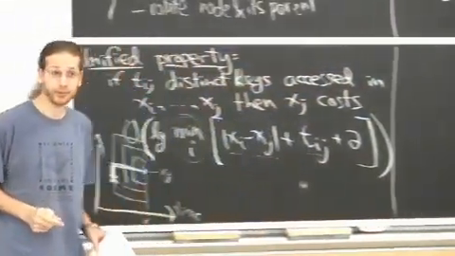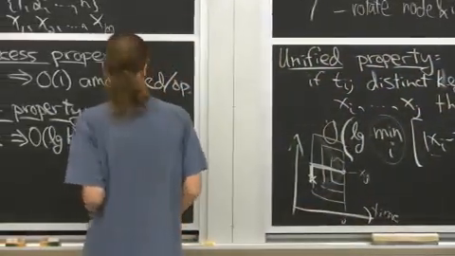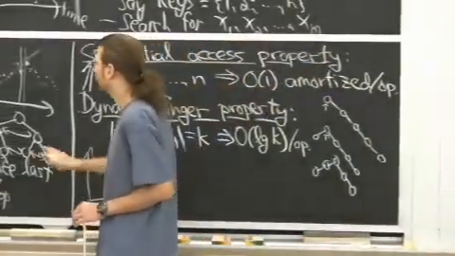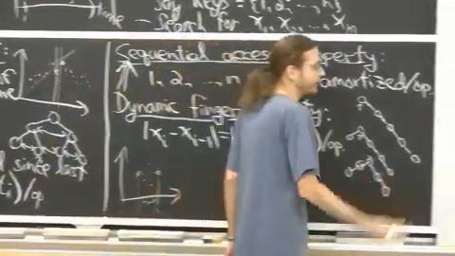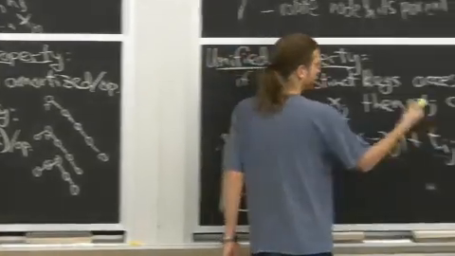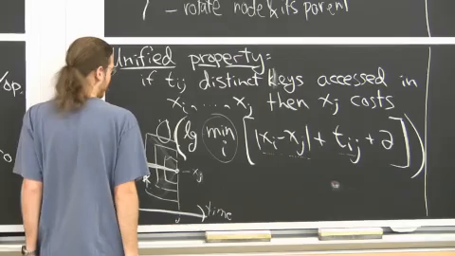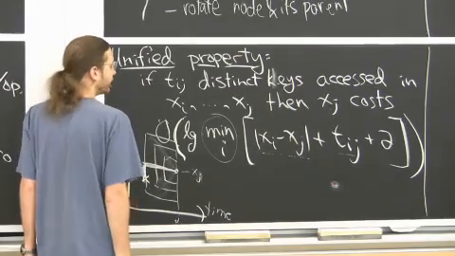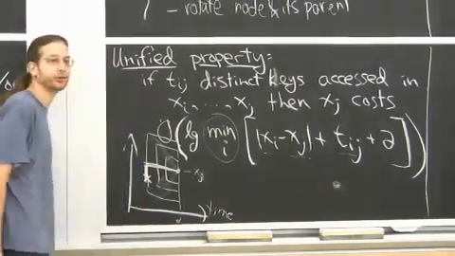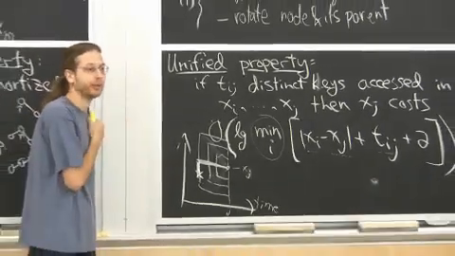Okay, so that's the unified property. Fairly natural generalization of dynamic finger and working set. I mean, you could change this plus to a product or a max. Doesn't make a difference. Sadly, we don't know whether there is any binary search tree that achieves the unified property.